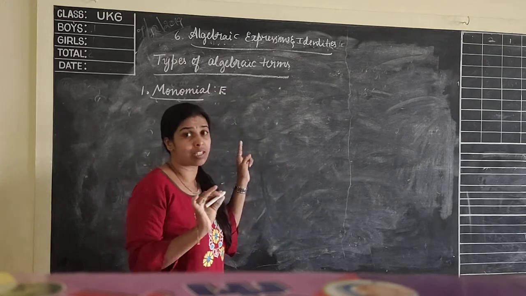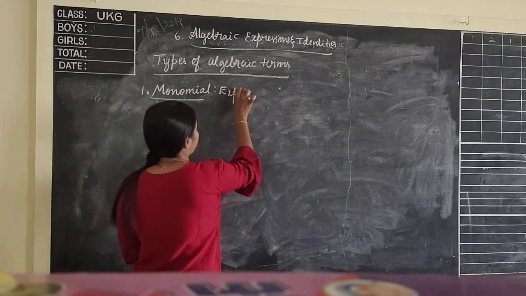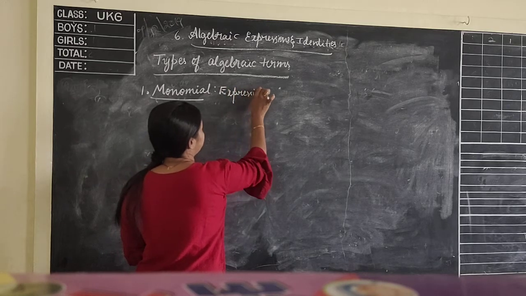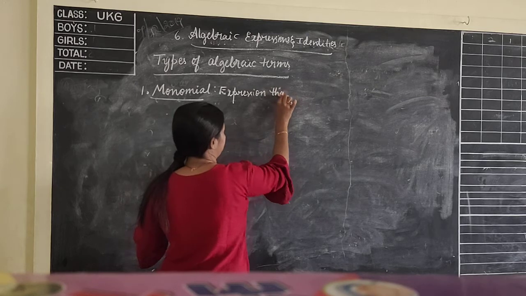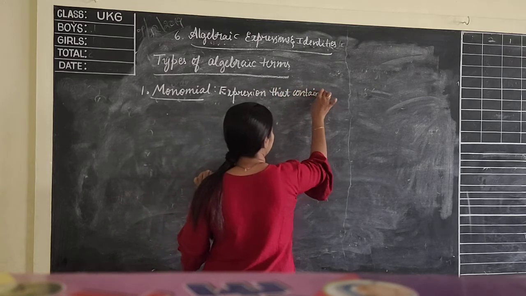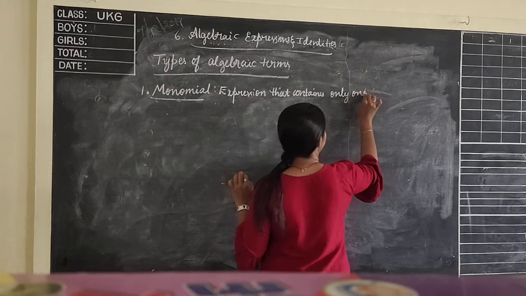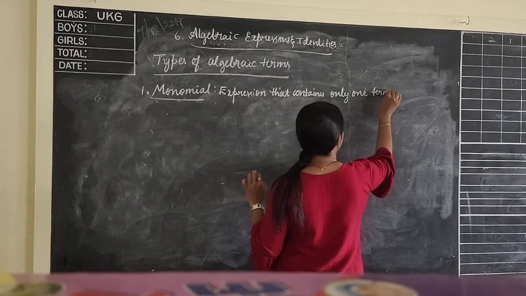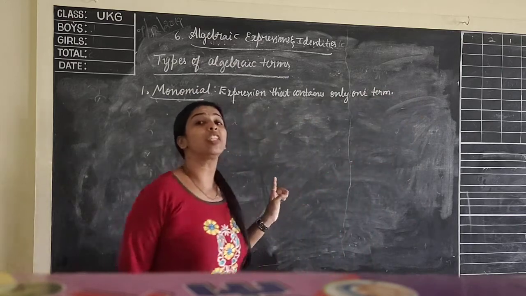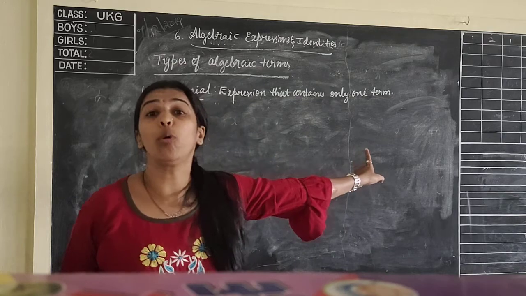I will not send the notes once again. Copy from here only. Expression that contains only one term is called a monomial.